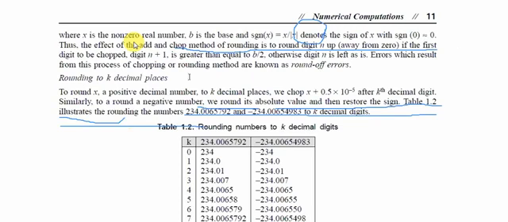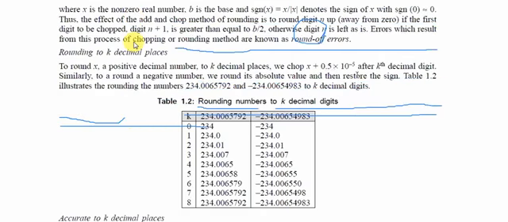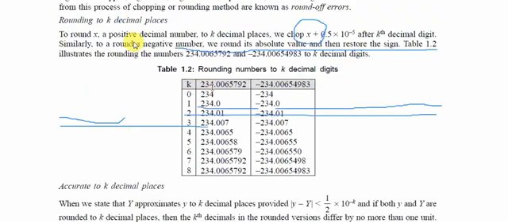So for rounding to k decimal places, you just look at the same formula adopted as x plus 0.5 times 10 to the power minus k. Here they have k rounding numbers, k decimal digits. K here is 0, 1, 2, 3, 4, 5, 6, 7, 8.